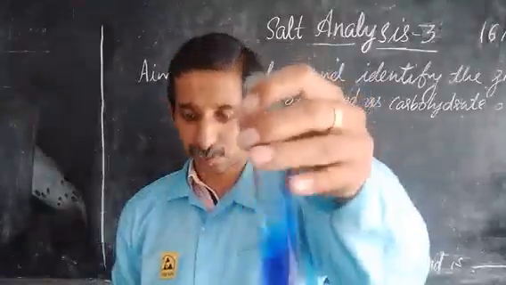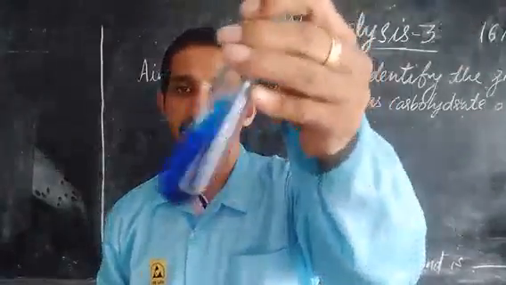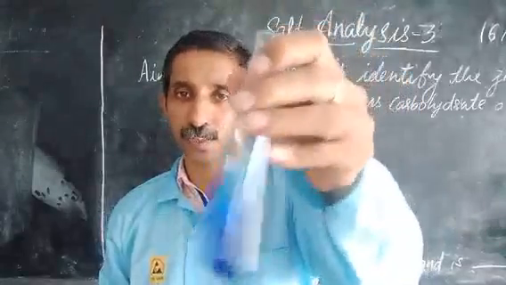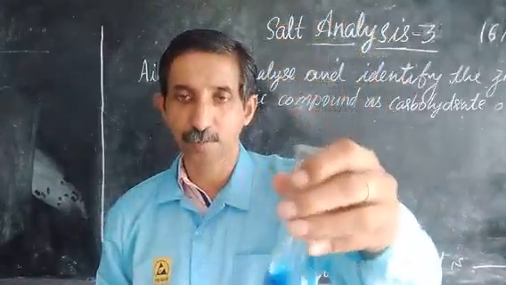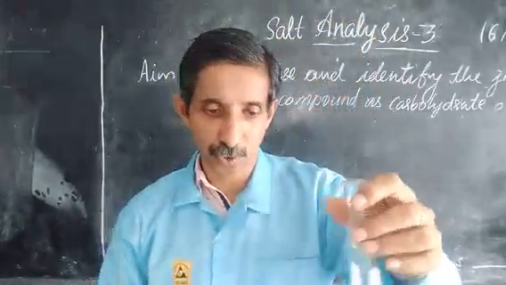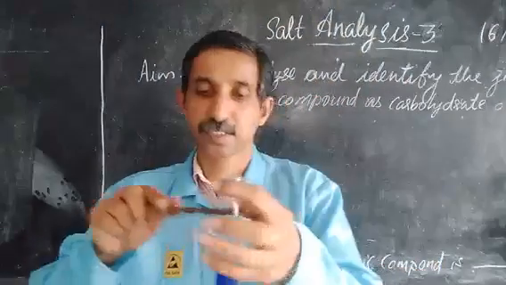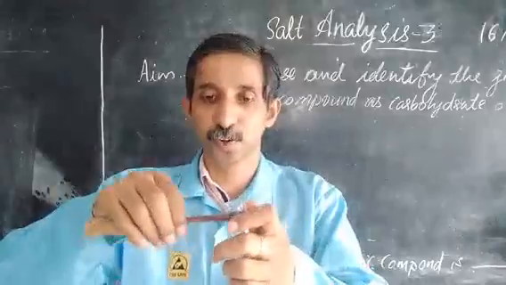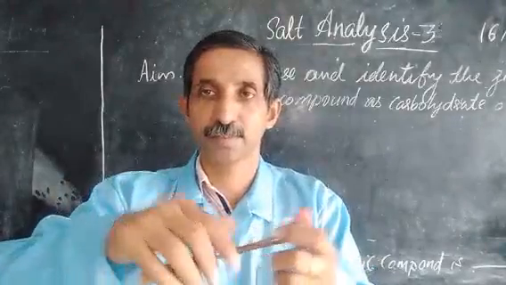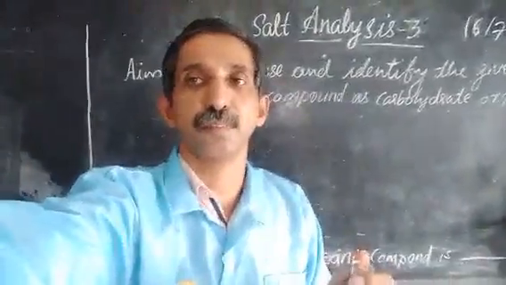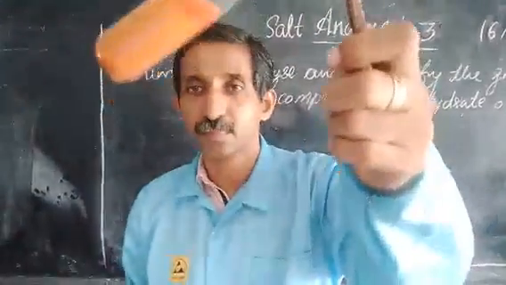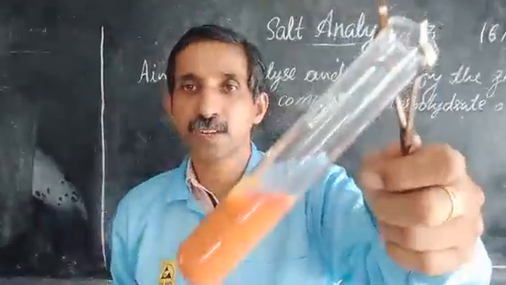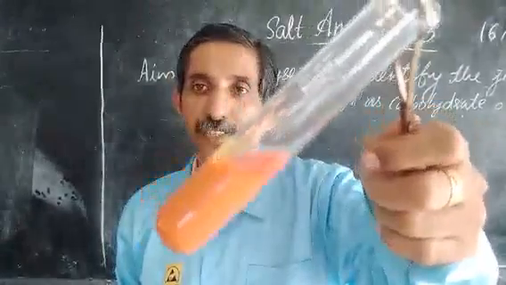Okay, now you have got a resultant blue colored solution. You will get a solution like this, and that is to be kept for heating. We need to heat it. Okay, let's keep it in the boiling water bath for a while. So here you have the resultant mixture after heating.